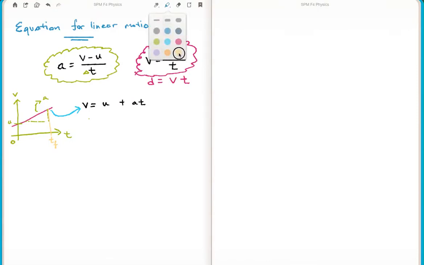The area under the curve is actually the displacement.